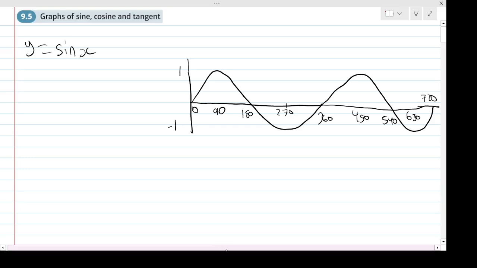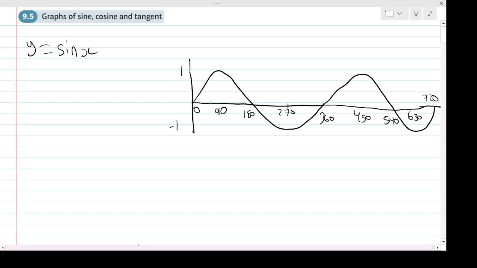And what we call this sort of graph that repeats itself forever and ever in this way is a periodic graph. And we call the period the values of x when it starts to repeat itself.